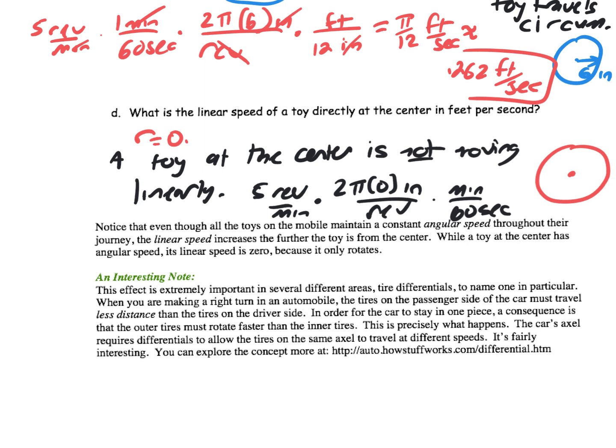But the key thing here is that we've got 0 here, so this is going to turn out to be 0. So this is going to be 0 feet per second. I didn't do all the conversions here. I guess we would still need 12 inches per 1 foot. Okay, so something at the center does not have linear speed. It only has angular speed.